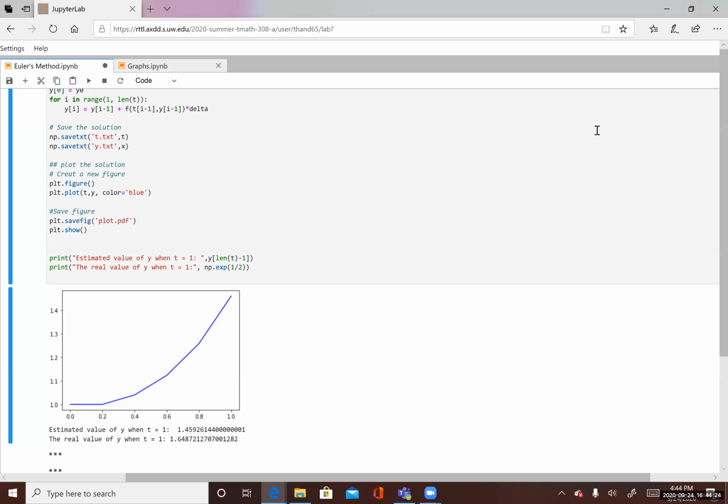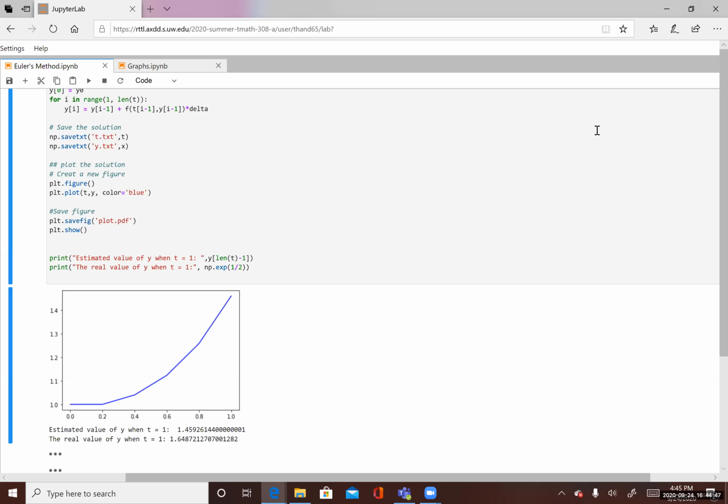So this is the Python program that helps me to calculate the value of the solution at each step, and also to calculate the value of the solution at the final step.